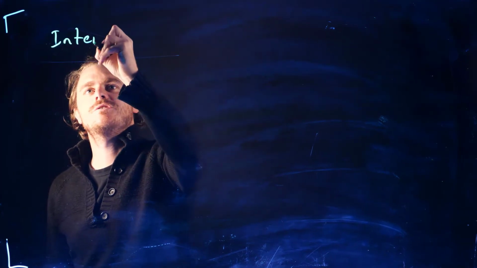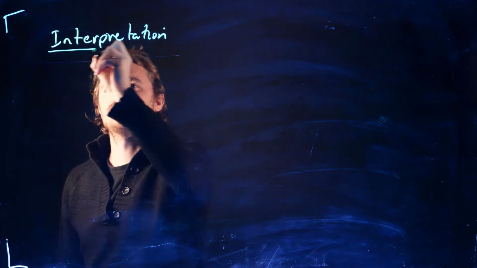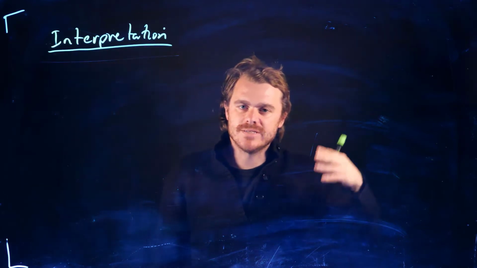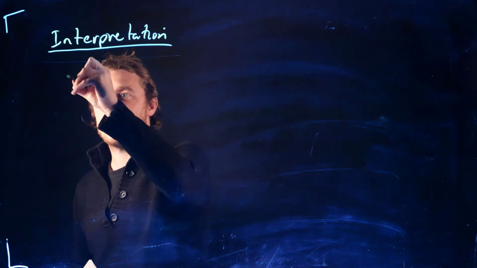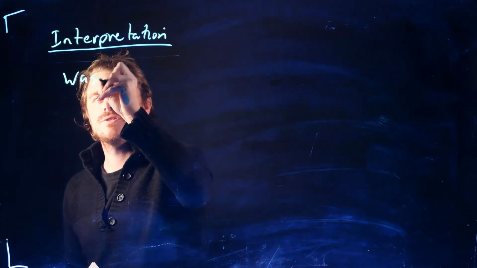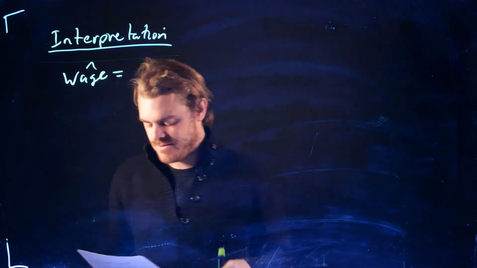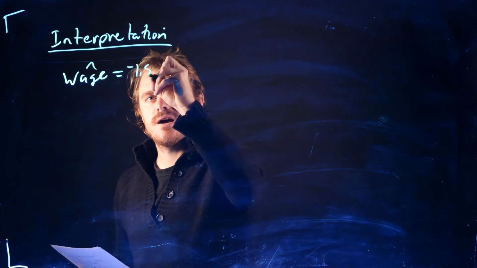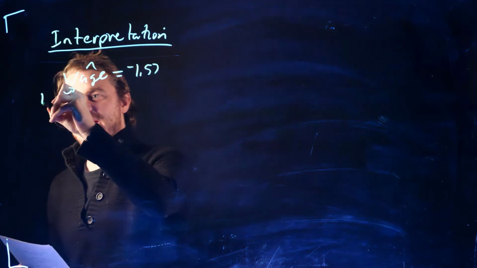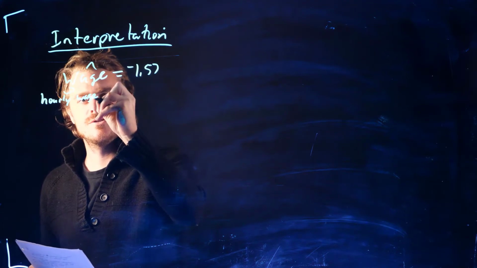So let's talk about interpretation now. This is when we have a binary variable as one of our independent variables. Let's say we ran a regression and we found wage hat, with a hat because it's estimated, and let's say this is hourly wage, so we want to use the right units here.